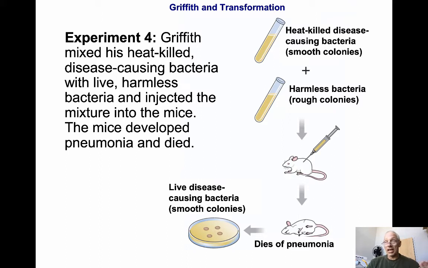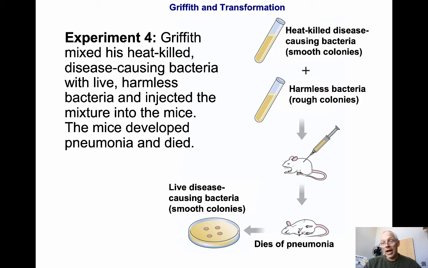And when they did autopsies of the mice and collected bacteria from their lungs, the bacteria grew into the smooth colonies that were similar to the ones in the disease-causing bacteria to begin with. But those disease-causing bacteria that were injected into those mice were not alive.